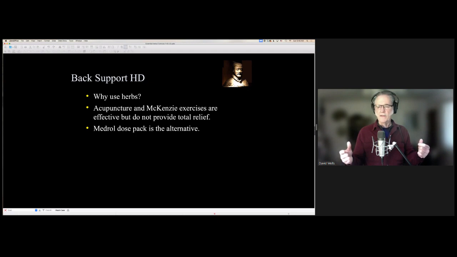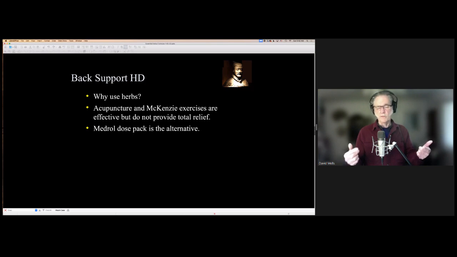And no, we can't order it. It's a scheduled drug with the FDA. But orthopedists routinely do. So if you have a good working relationship with an orthopedist, you can call them.